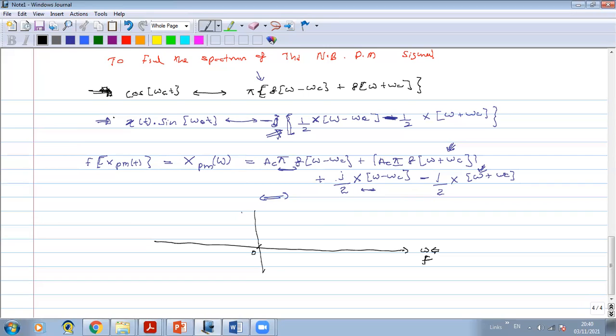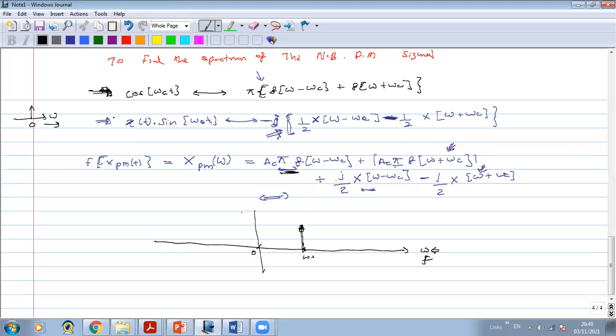You already know that the delta function is like that at 0. So omega minus omega naught means it is shifted to here at omega naught. So here we have this kind of impulse.